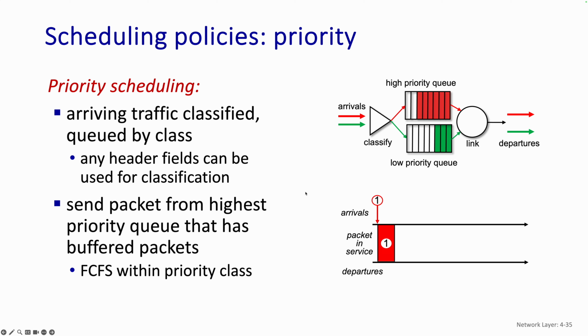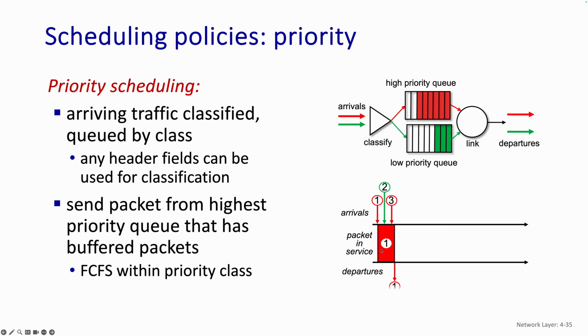Let's highlight how that looks in time. Here we have time going across horizontally. Packet 1 arrives, and then packet 2 arrives, so we're servicing what's in the queue.